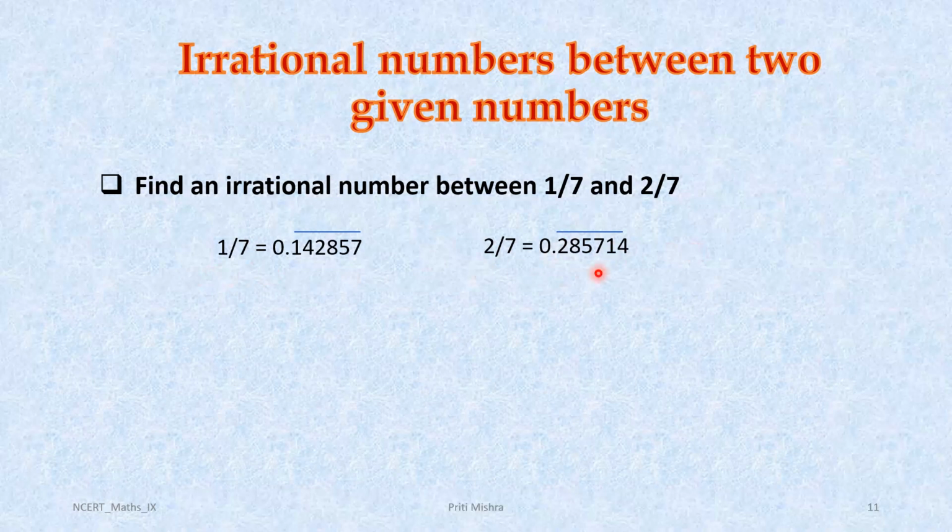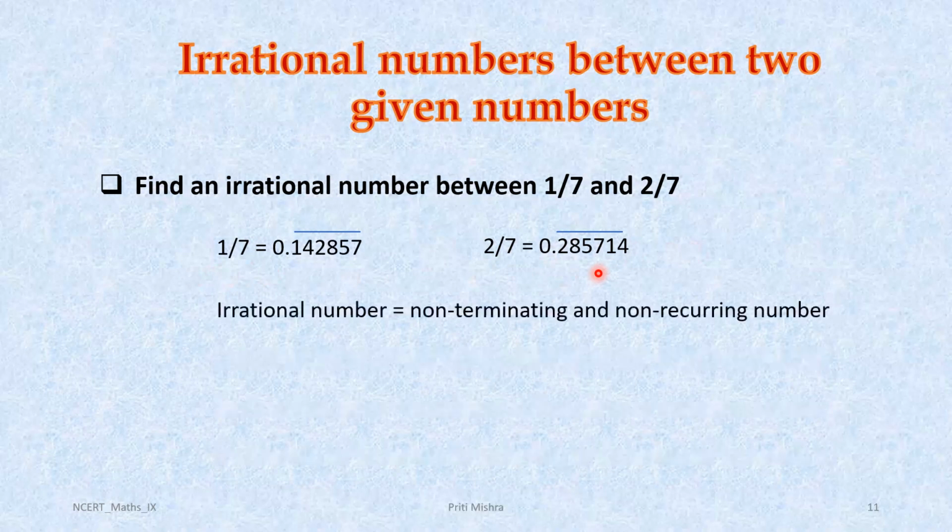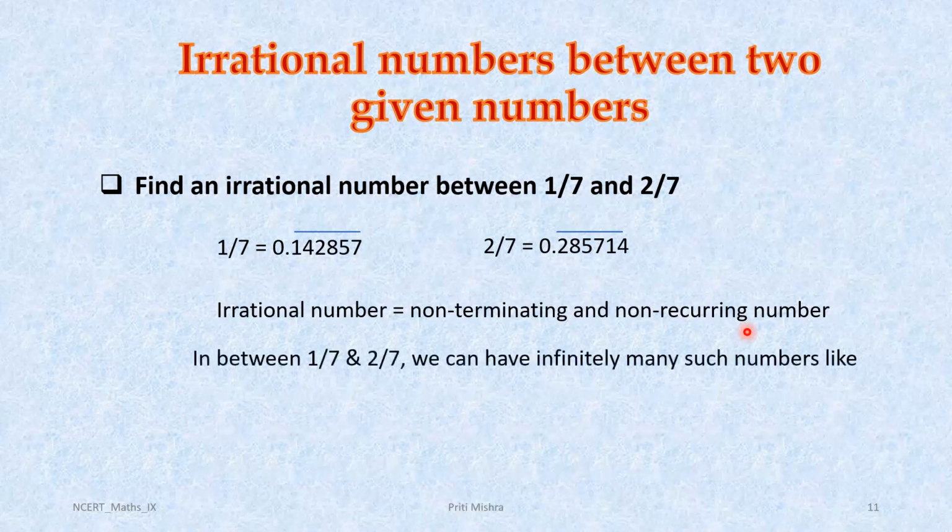Now as we have to write an irrational number between these two numbers, an irrational number means a non-terminating and non-recurring number. Non-terminating means never ending, and non-recurring means the same unit shouldn't reoccur. So in between 1 by 7 and 2 by 7, we can have infinitely many such numbers.